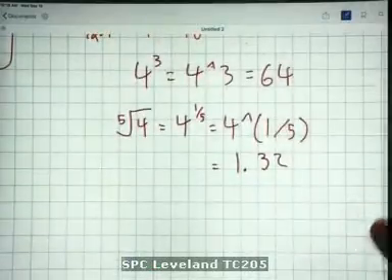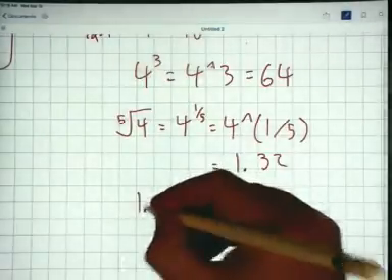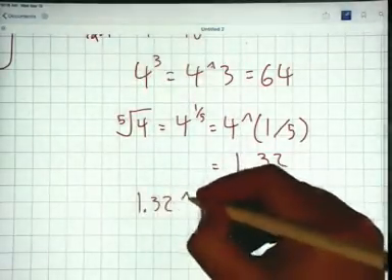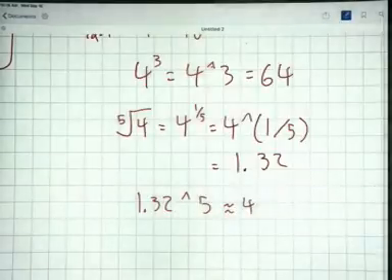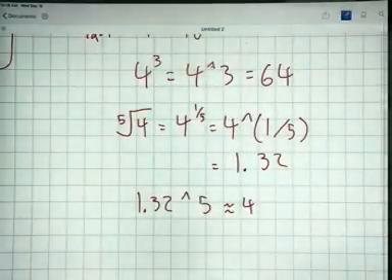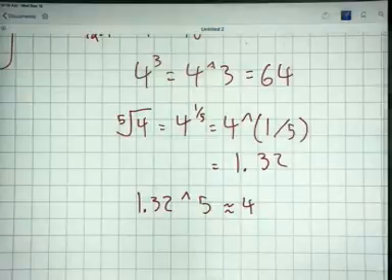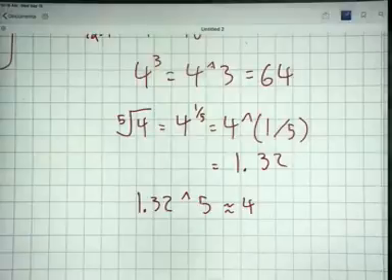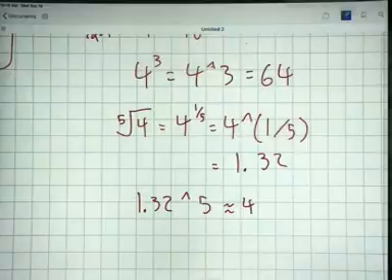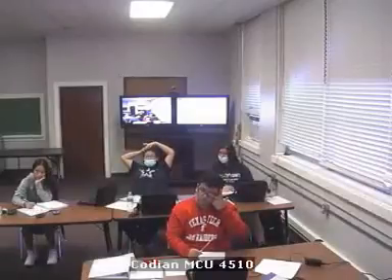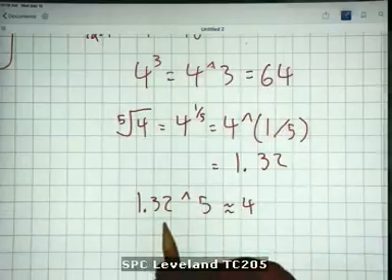So I can test this. If I take 1.32 and raise it to the 5th power, I should get pretty darn close to 4. You get pretty darn close to 4? Yes. The 1.32 is probably an approximation, right?